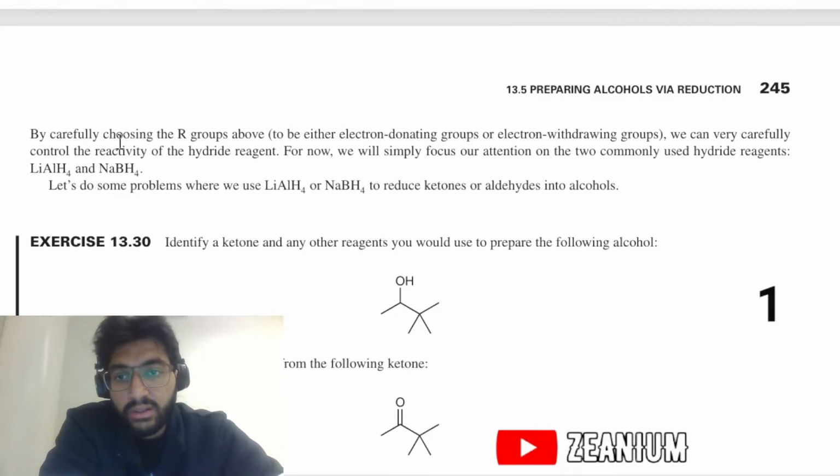By choosing the R groups to be either electron donating groups or electron withdrawing groups, we can carefully control the reactivity of the hydride agent. For now, we will focus our attention on the two commonly used hydride reagents. These two we just learned.